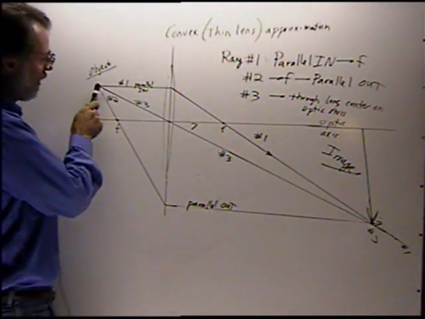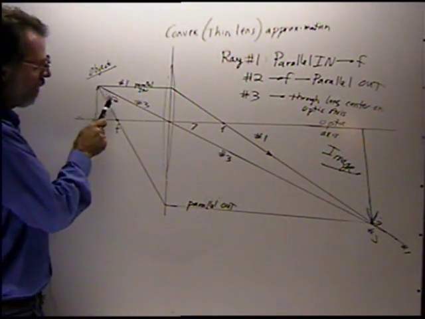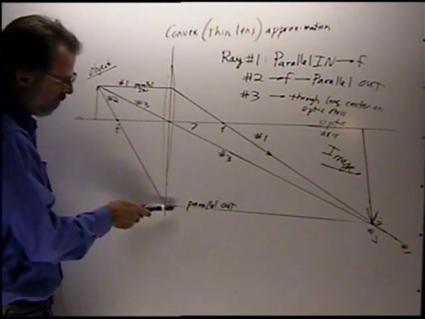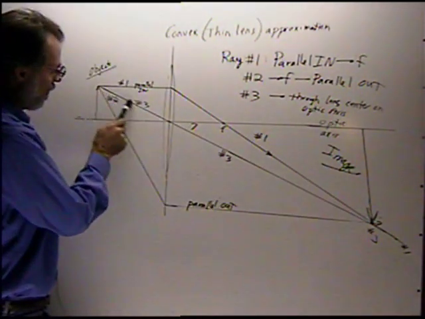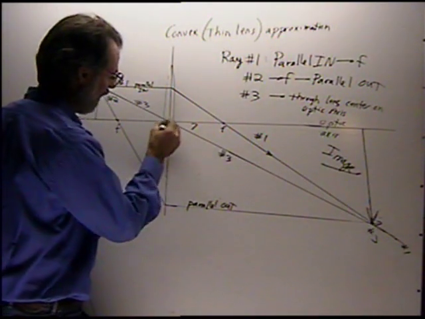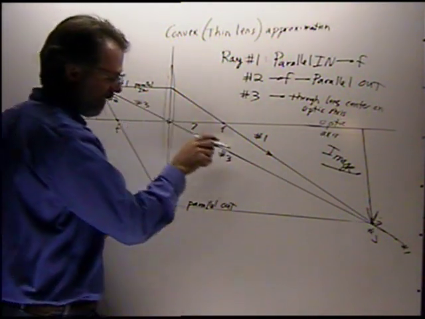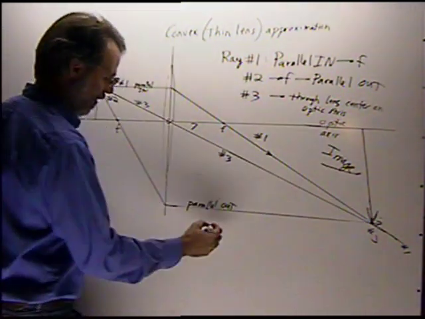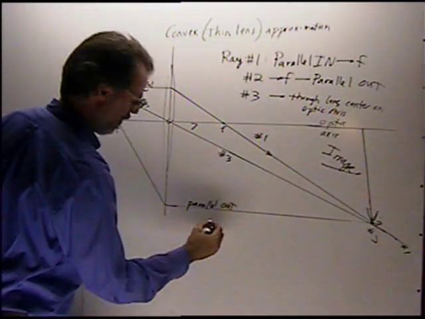Ray number 2 goes through the focal point and is parallel out. Ray number 3 goes right through the center of the lens and doesn't deflect any. There's ray number 3. And so the image here is formed over here.